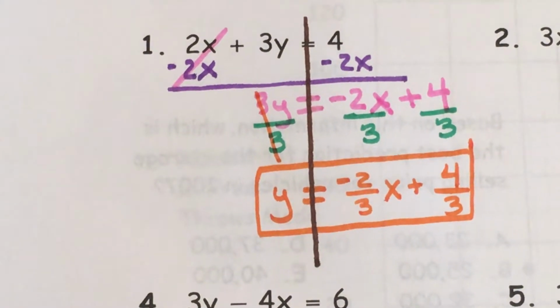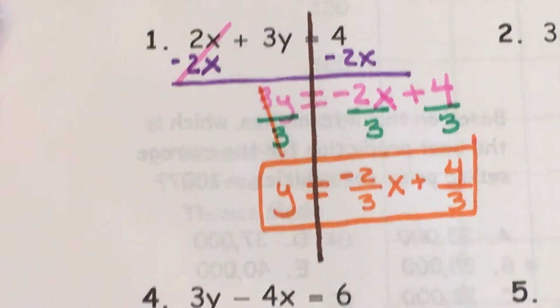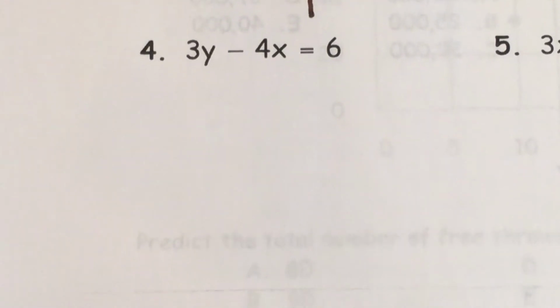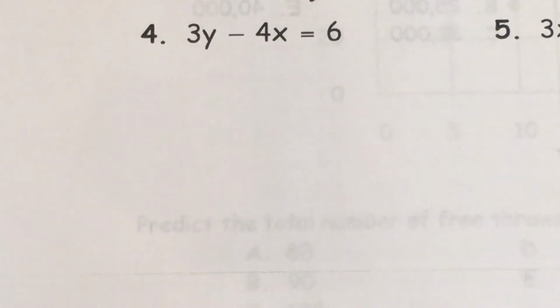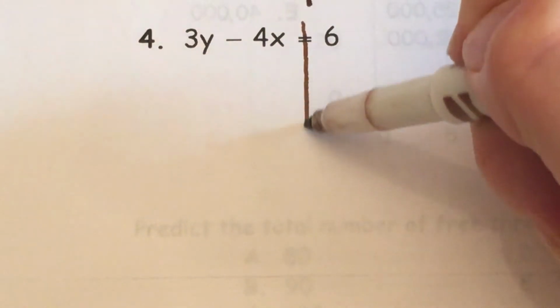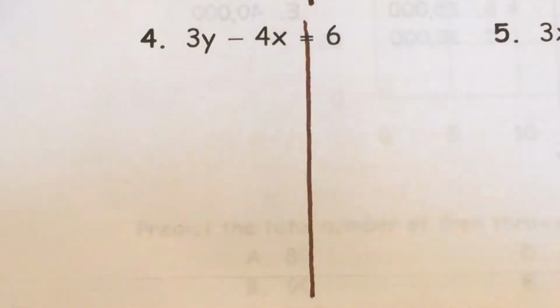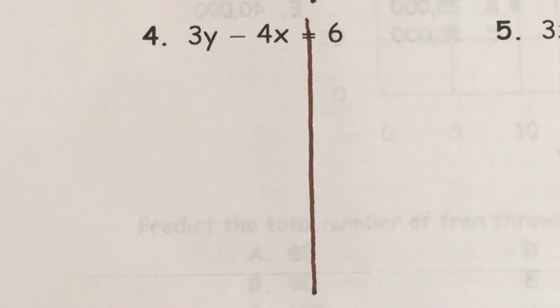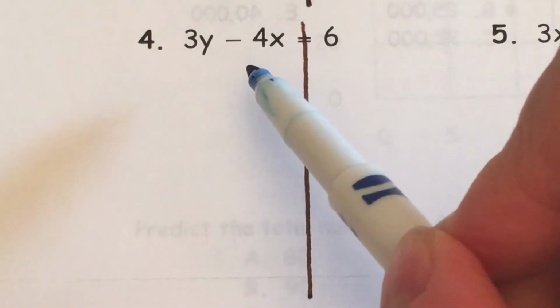Let's go look at problem number 4 together. Here in problem number 4, again, I find the equal sign and I draw a river straight down through it. Now, let's identify what we're solving for.